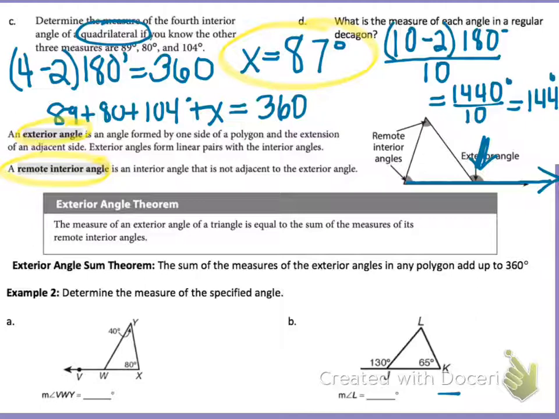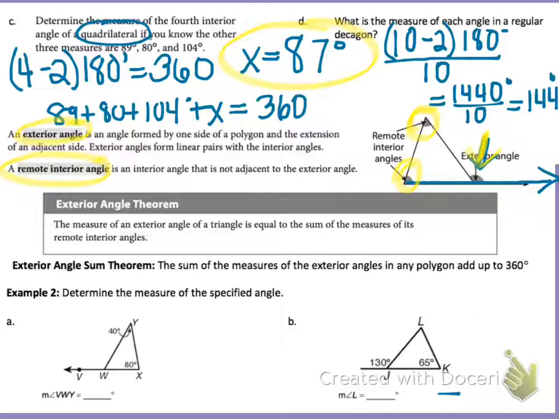So in this case, the exterior angle is at this vertex, but then the other 2 angles on the inside would be the remote interior angles. They're on the opposite side of the triangle. They don't actually touch the exterior angle. So those are called remote interior angles.